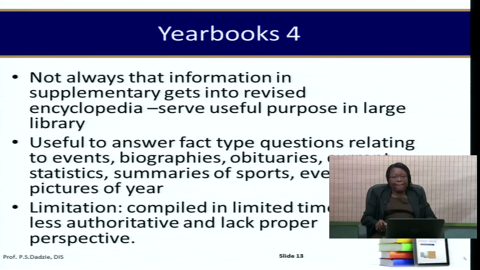So the yearbook in the encyclopedia also brings out the summary of major events that took place in a particular year. And they give information, a comprehensive view of events or trends of events over a period of time in that supplement to the encyclopedia.